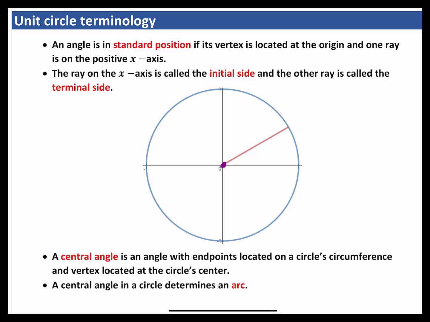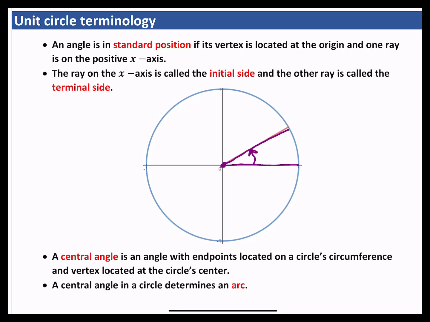An angle is in standard position if its vertex is located at the origin and one ray is on the positive x-axis. So this angle is in standard position.